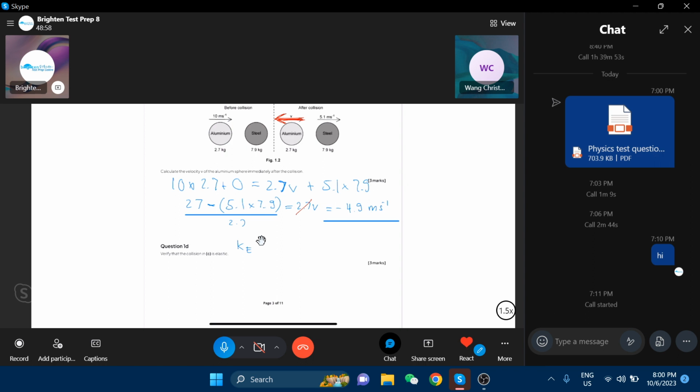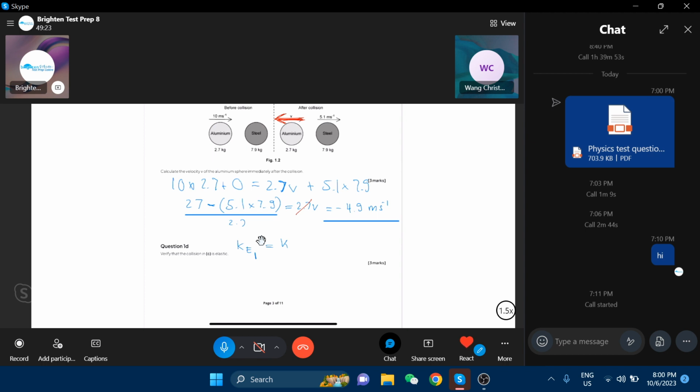Yeah, exactly. And after as well? Yeah. So we can make it like kinetic 1 is before, and kinetic 2 is after, and then we can put the question mark, right? Is it equal?